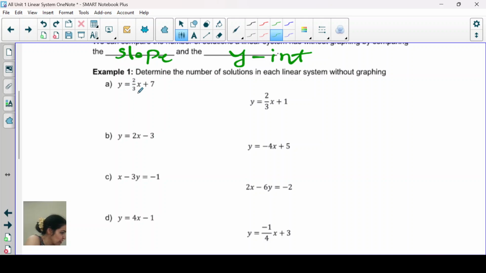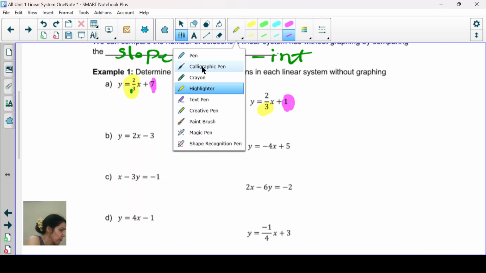If you notice, they have the same slope, but they have different y-intercept. So it means that they are parallel.